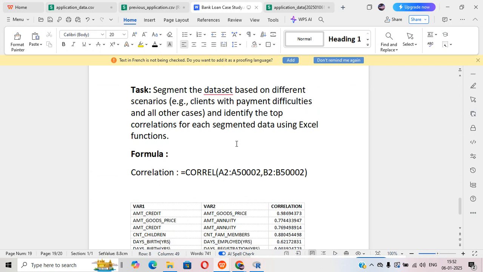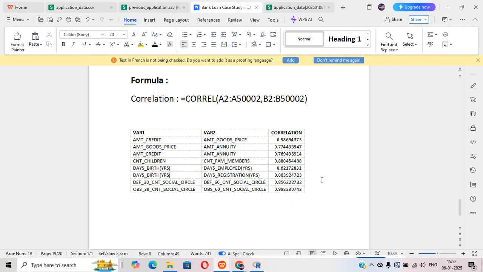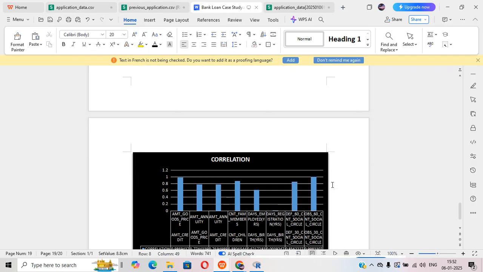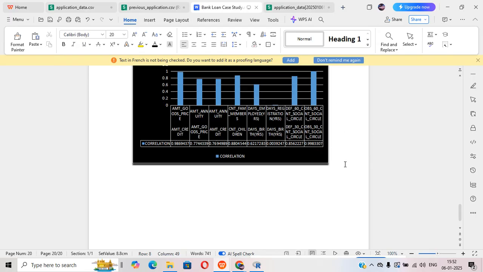For this last task, I have used this formula, the CORREL function, and taken these variables to calculate and calculated the values for that and got the chart. That's all. Thank you.